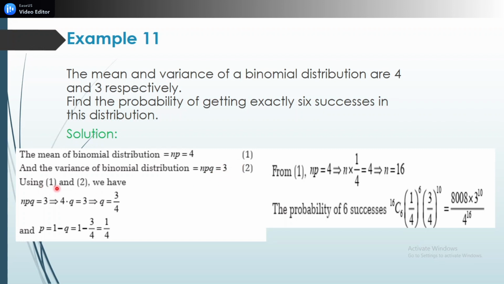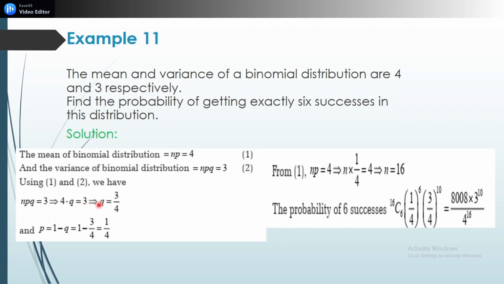From this relation, you have n times p times q is equal to 3. Then 4 times q, because the value of n times p is equal to 4, as you see here. That is the reason why we take 4 times q, which is equal to 3.